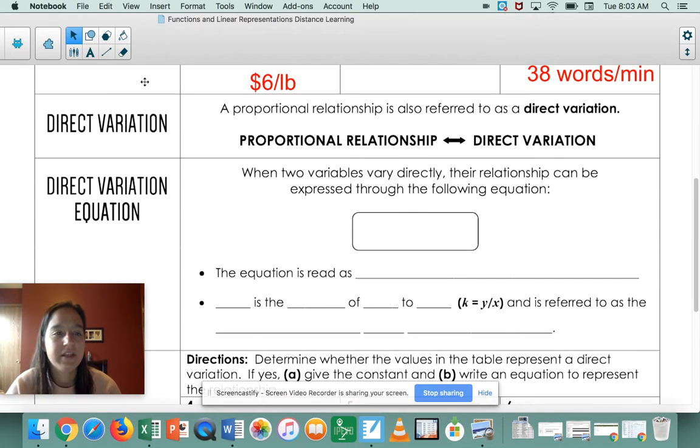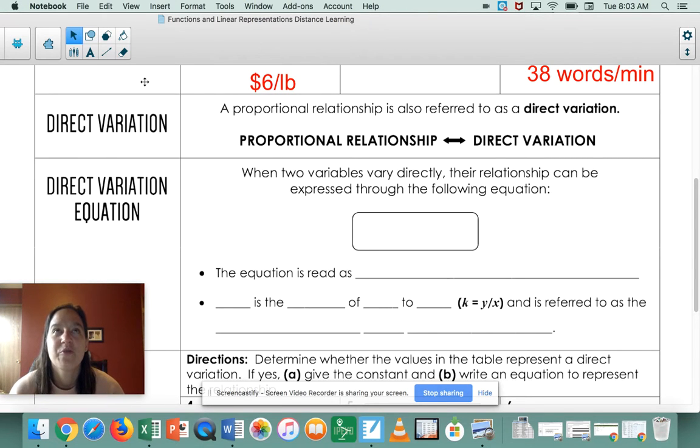So one of the things that us math people like to realize is there are so many terms that mean the same thing. So when something has a proportional relationship, it also has a direct variation. They're interchangeable. Okay?